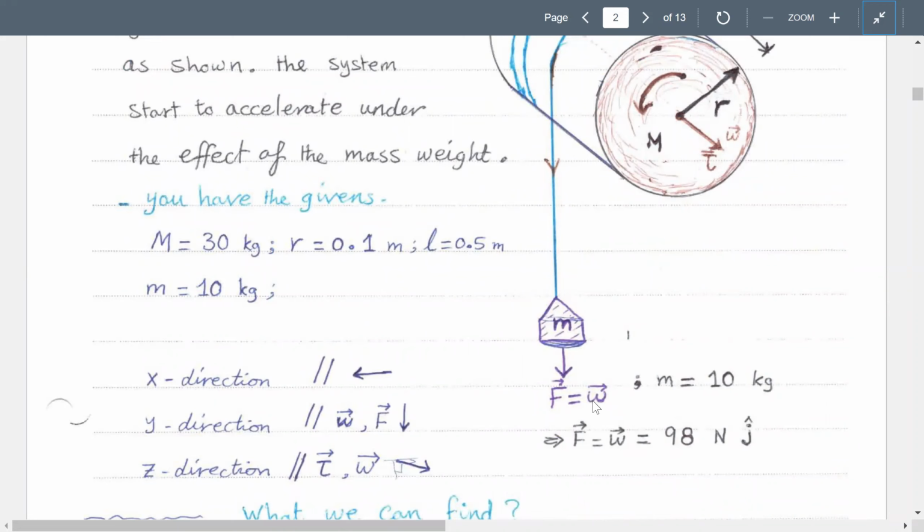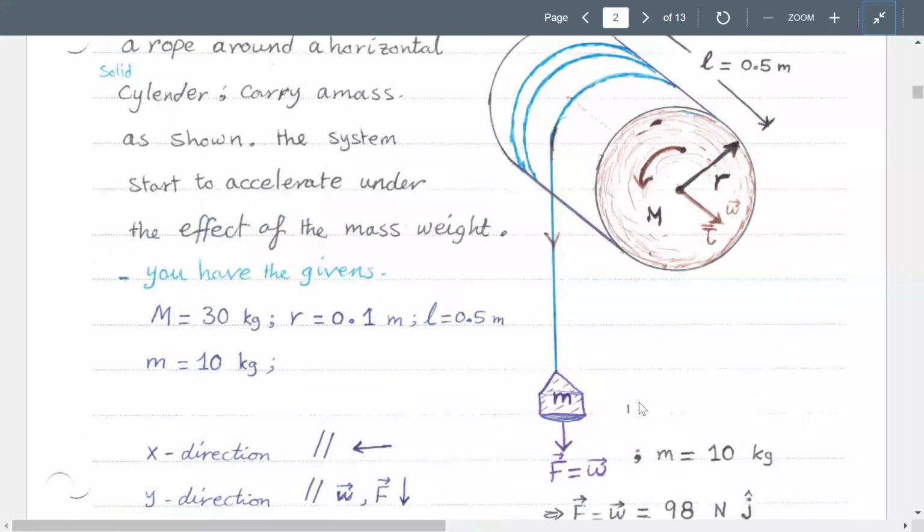It is the capital W, not omega. Okay. If the mass is 10 kilograms, then the force in this case is the weight, which is 10 multiplied by g, 9.8. So the weight or the force is equal to 98 newtons. So now here in this direction, we have a linear force, 98 newtons.